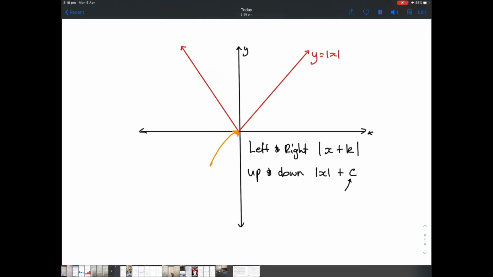Hope that helps explain some of the shifts and movements of the graphs of absolute values. You're going to be expected to know and be able to describe how an absolute value graph or function has been moved around on a number plane, how it's been shifted.